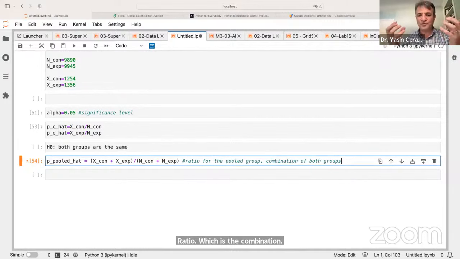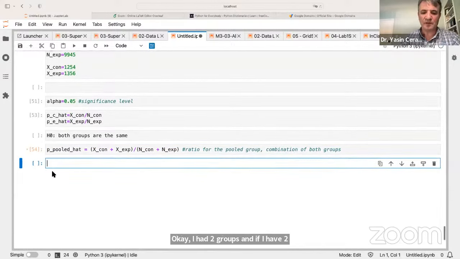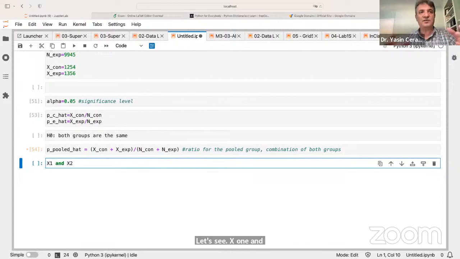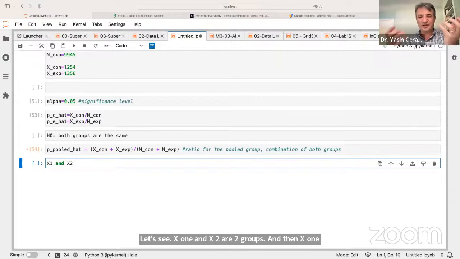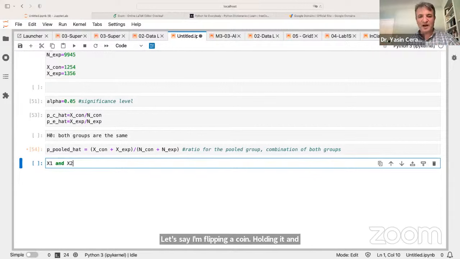I have two groups, let's say x1 and x2, representing two random variables coming from the same distribution. Let's say I'm flipping a coin, holding it, and then flipping a coin again. The first and second one are coming from the same distribution, and they are independent.